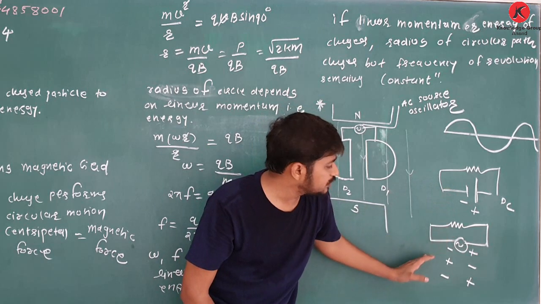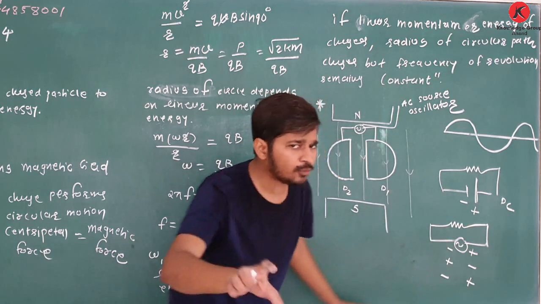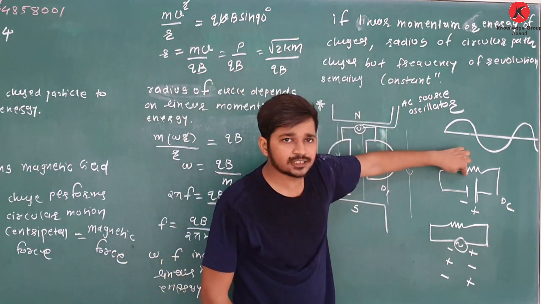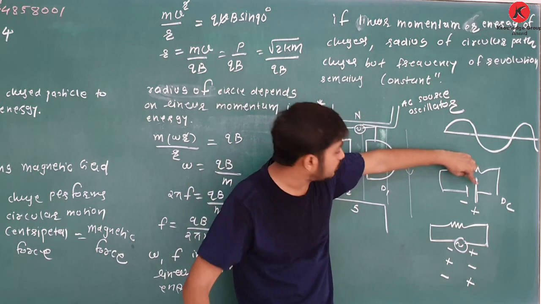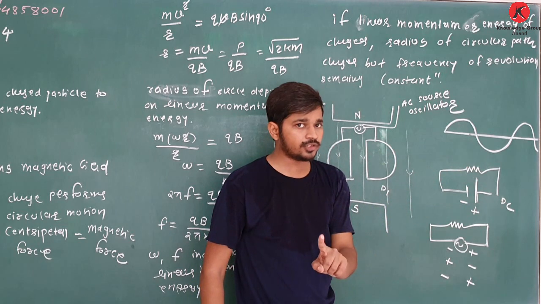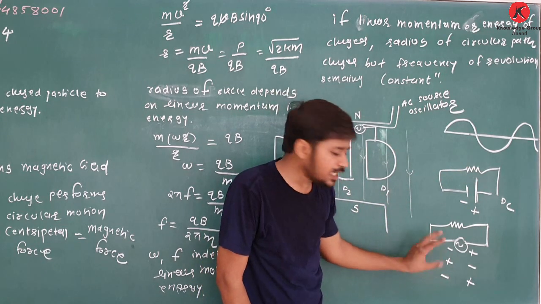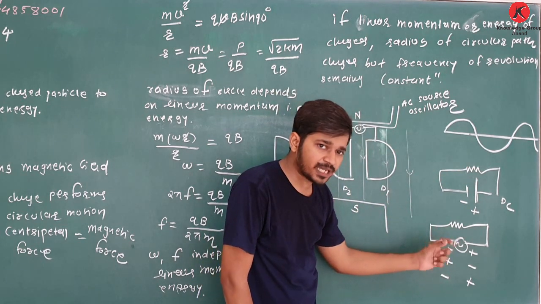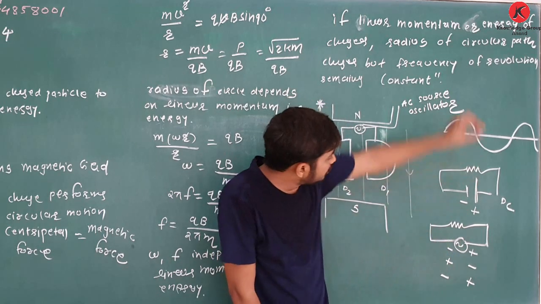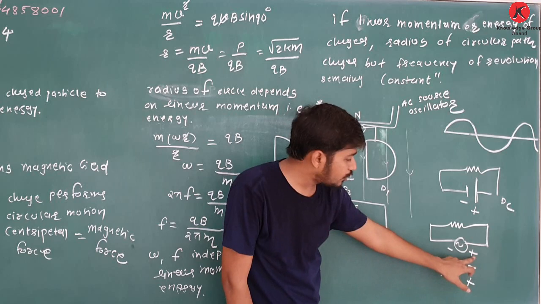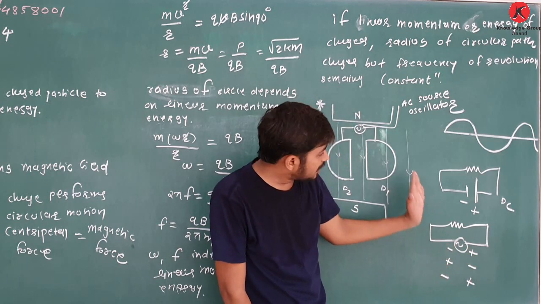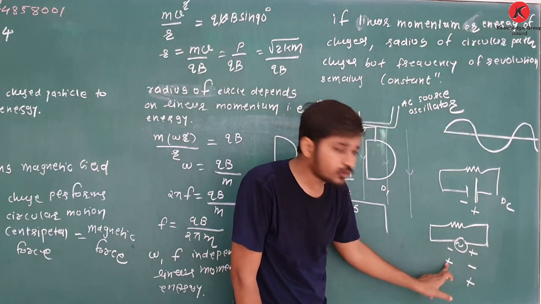So this is the difference between AC and DC, and right now you have to remember this difference. For a DC source, battery or cell, this terminal always remains positive and this terminal negative. But in AC, the polarity, plus and minus, changes. During the first half cycle, if this is positive, this is negative, then during the next half cycle its polarity is changed again.